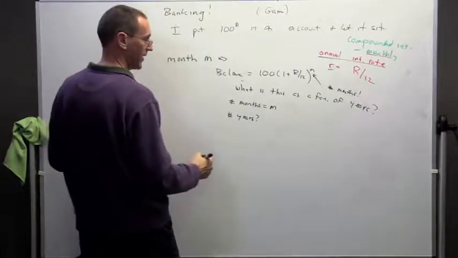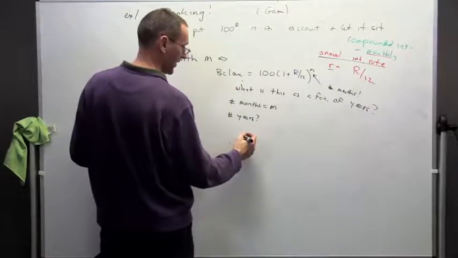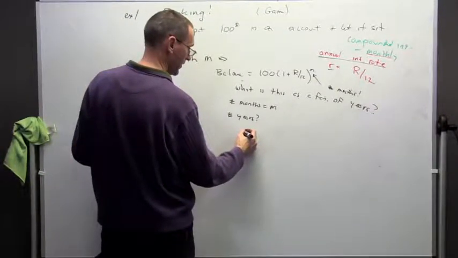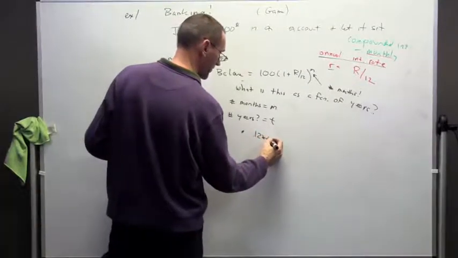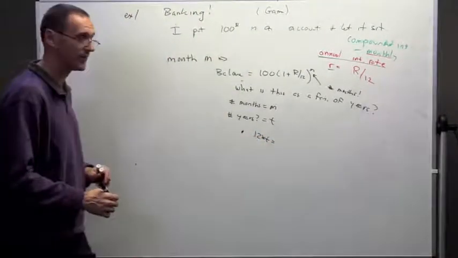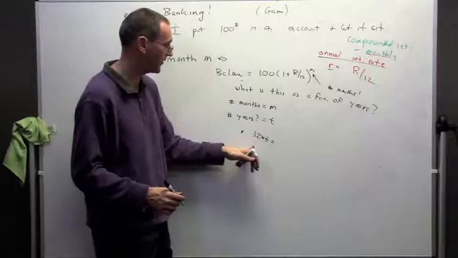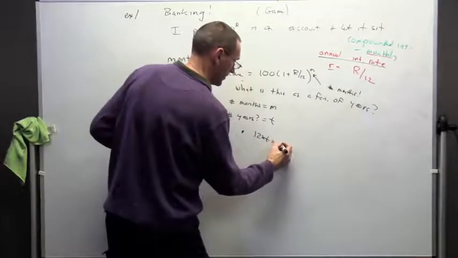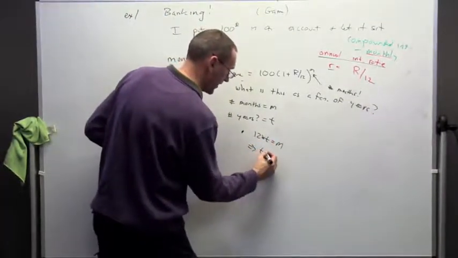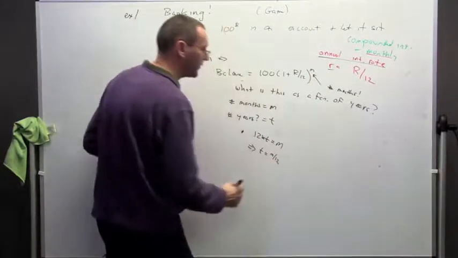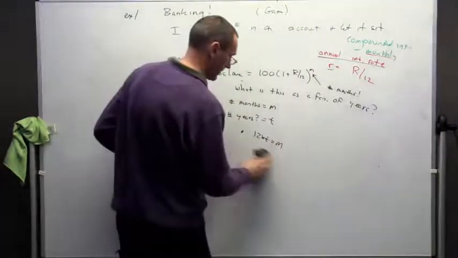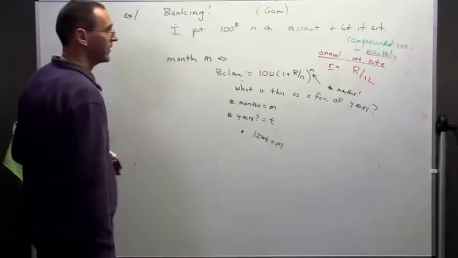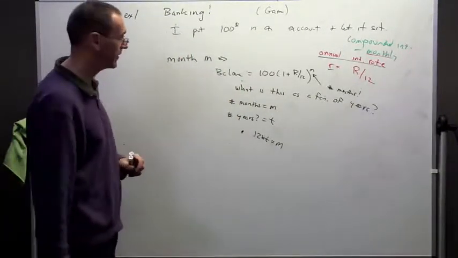So let's call that t. 12 times t will give me the number of months. So for example, if t equals a half, I'll have 6 months. So that means that my t is m over 12. Oops, sorry, that's wrong. So I just have, basically just have that, okay?